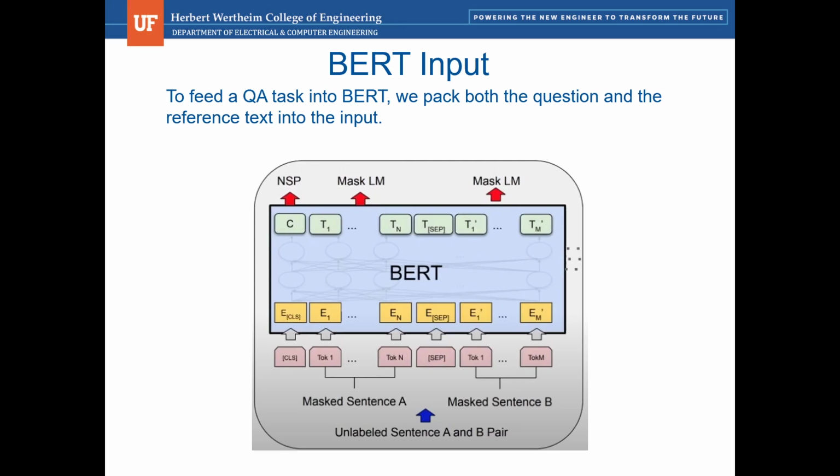Now on the output side, the C, you can see at the top left, is the binary output for the next sentence prediction. It would output 1 if sentence B follows sentence A in context, and 0 if sentence B doesn't follow sentence A. Each of these T's are word vectors that correspond to the outputs for the language model.